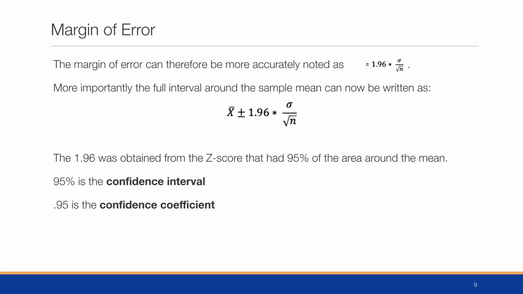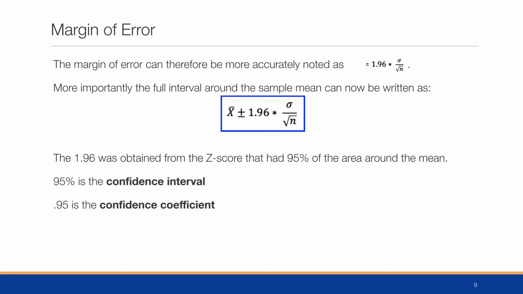The margin of error can therefore be more accurately denoted as 1.96 times sigma over the square root of n. More importantly, the full interval around the sample mean can now be written as X bar plus or minus 1.96 times sigma over the square root of n.